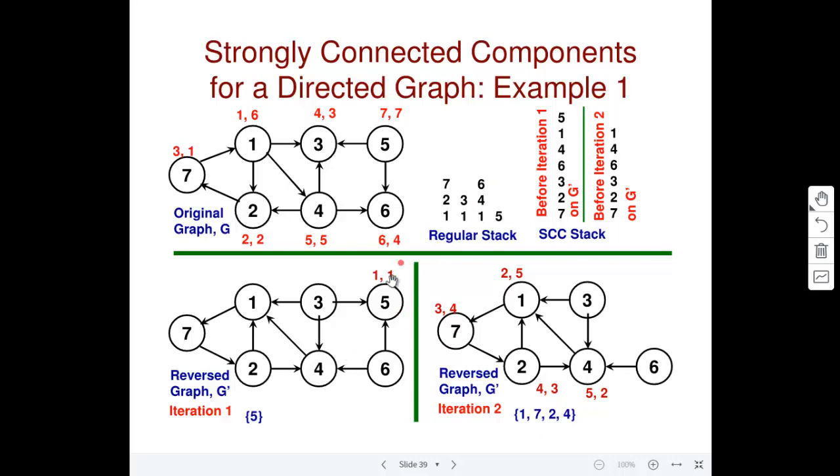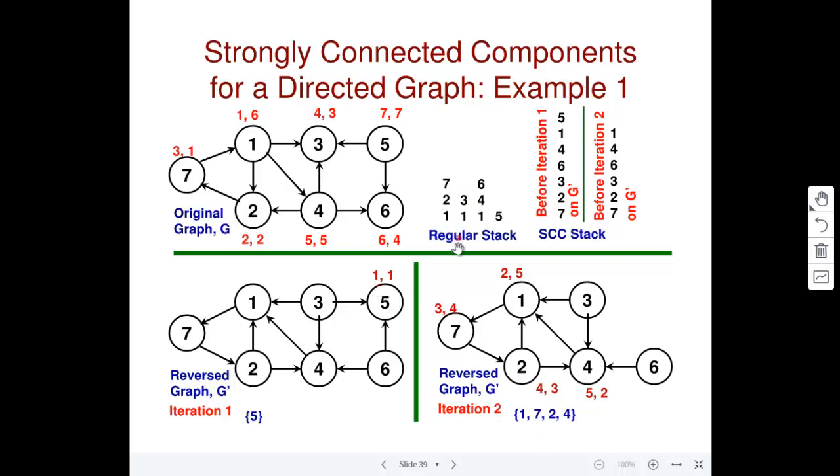Alright, so we'll start with vertex 5, which is on the top of the SCC stack. So now to go through depth first search on this reverse graph, we could use again a regular stack just to see the order in which we are pushing and popping. I'm not going to illustrate that. I'm going to just write the push and pop order to keep track of the vertices that are visited. So start from vertex 5, push it to the stack. That's the first vertex we push to the regular stack.